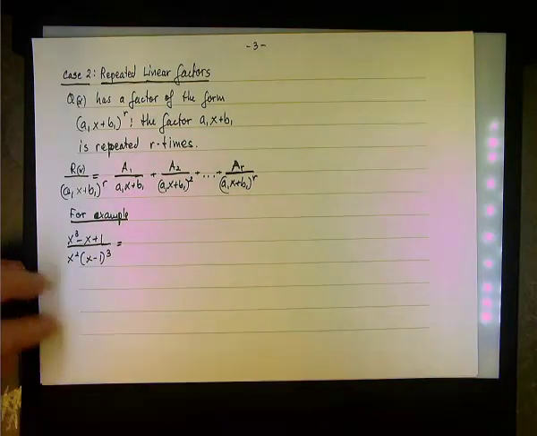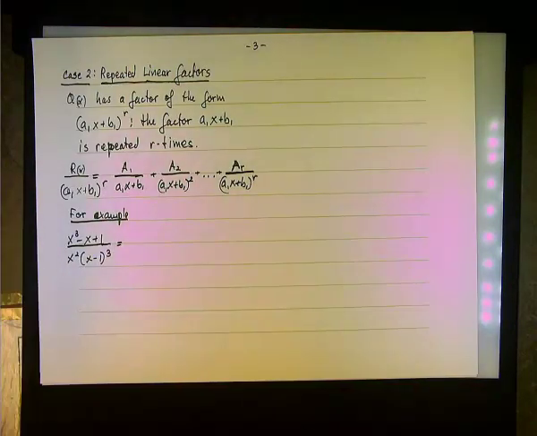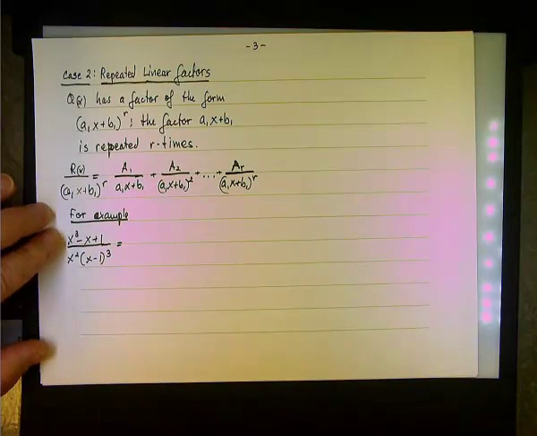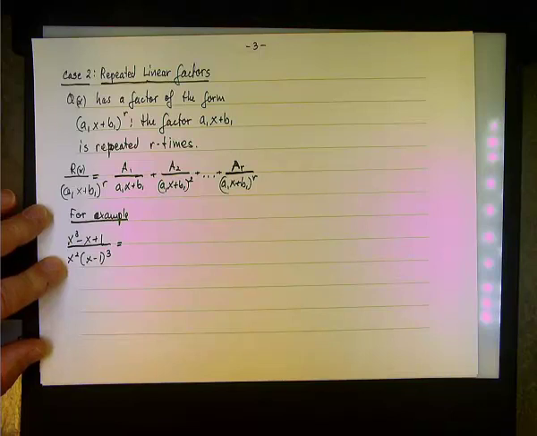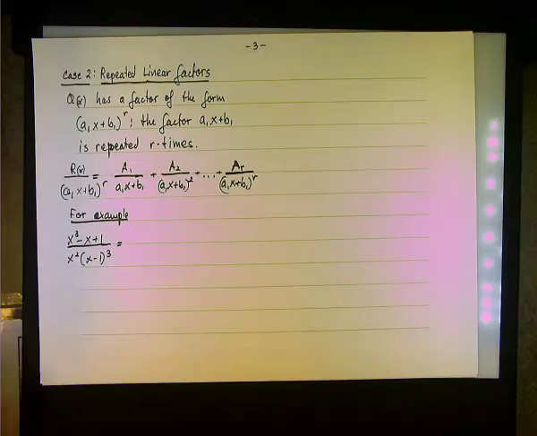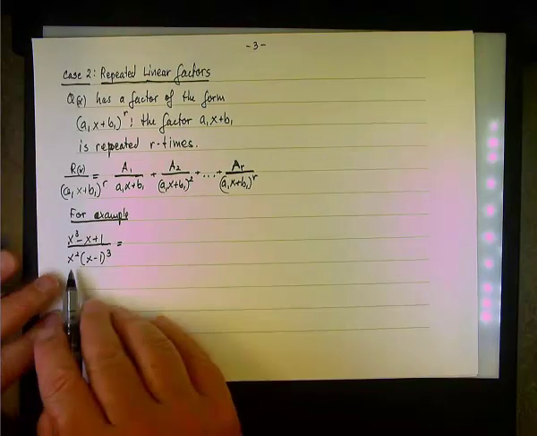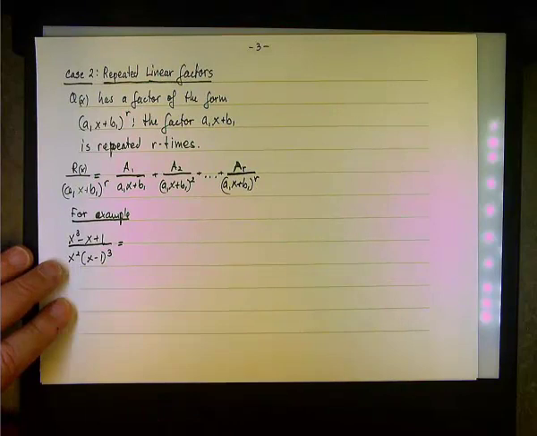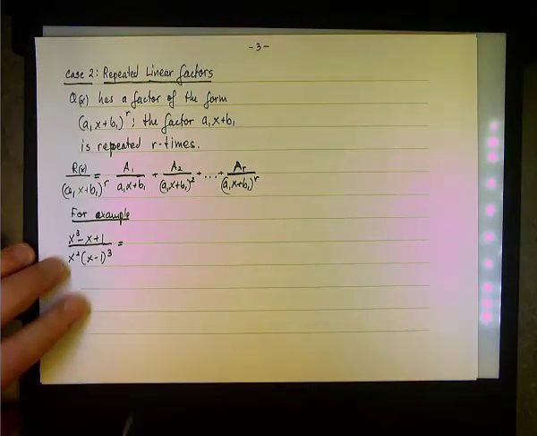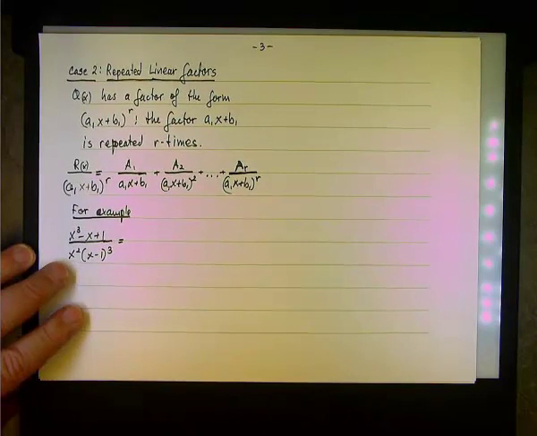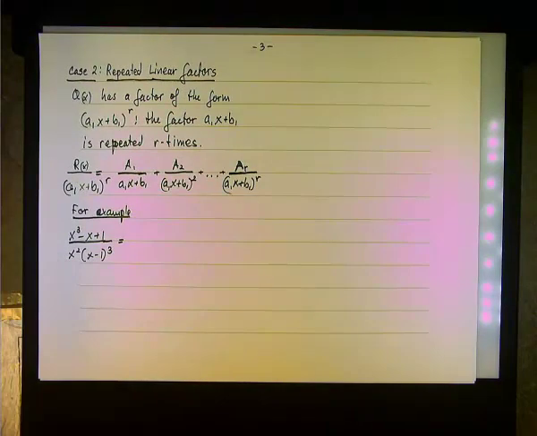First of all, you can see that this is a proper rational function, because the degree of the numerator is 3, but the degree of the denominator is 5. So we don't need to do long division. Second, we have the linear factor x, or x minus 0, if you will, repeated twice, and the linear factor x minus 1 repeated 3 times.